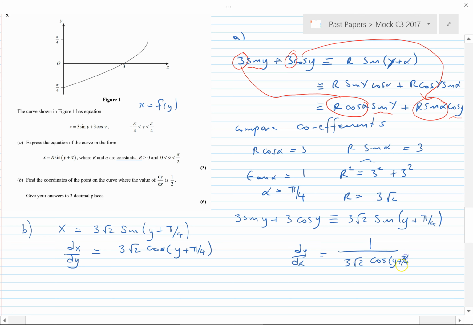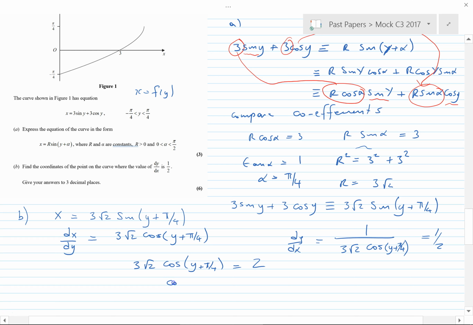Pi by 4. But we're actually told that that's equal to a half, which must mean that this is equal to this. So we have 3 the square root of 2 cos y plus pi by 4 equals, oh, not equals a half, equals 2.